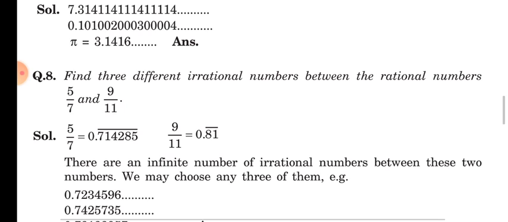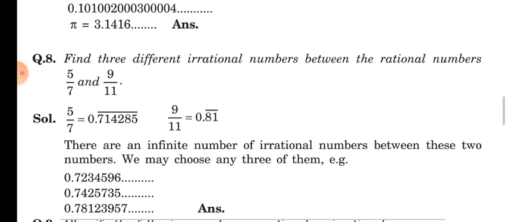That is 0.714285 bar. Similarly, if you divide 9 by 11, you will get 0.818181 and so on. So we can say 0.81 bar. Now just write 3 irrational numbers between these two, 0.714285 bar and 0.81 bar.